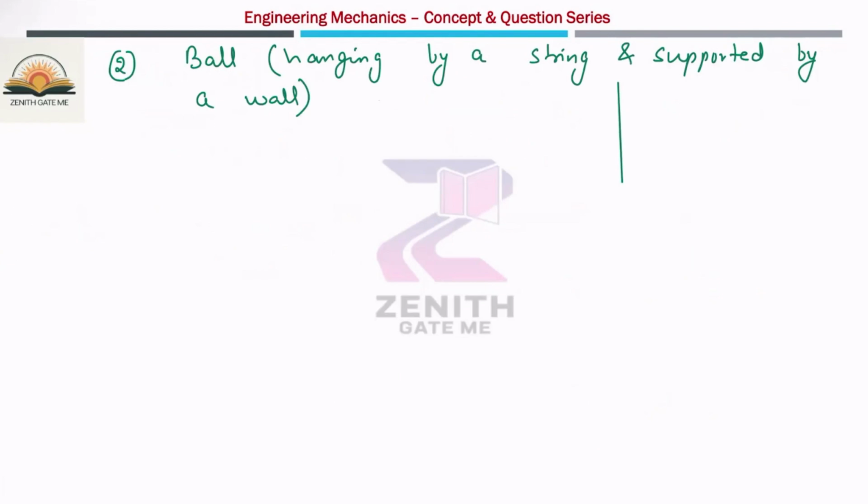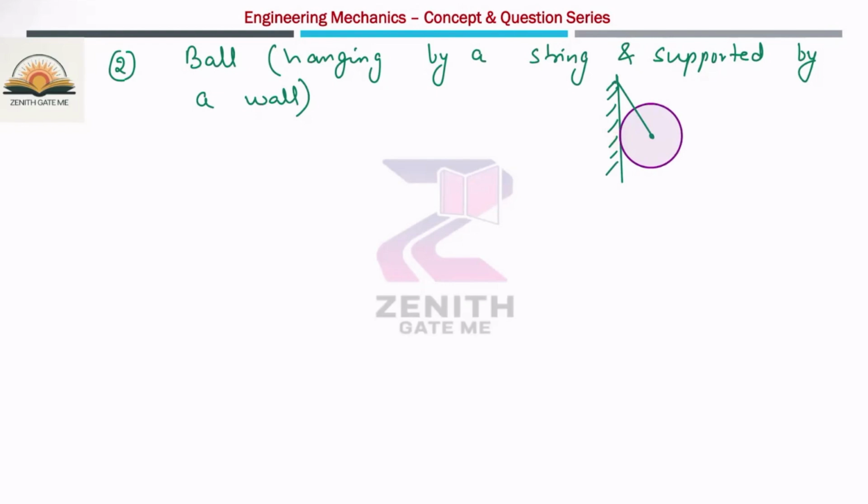There is a wall and this ball is hanging. This ball is hanging with the help of one string, and this ball is making contact at this point. So how will you draw the free body diagram?